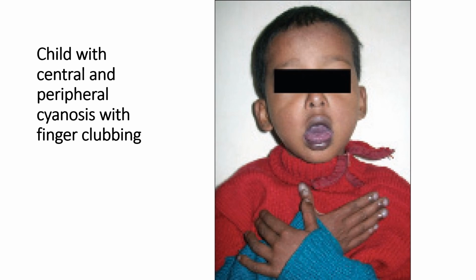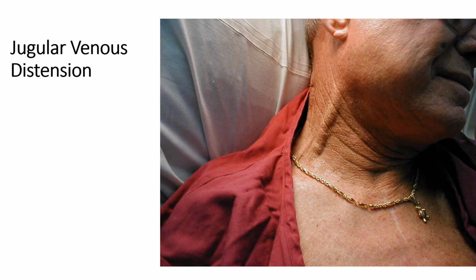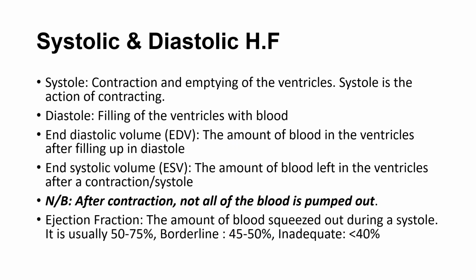This is because you have poor oxygen supply. Remember in tetralogy of Fallot: ventricular septal defect, right ventricular hypertrophy, overriding aorta. What else? You usually have the mnemonic PROV. This is jugular distension. Then we have systolic and diastolic heart failure.